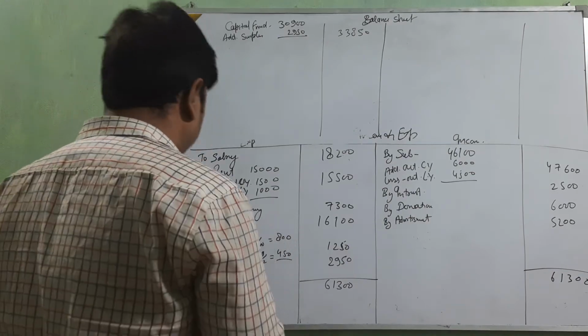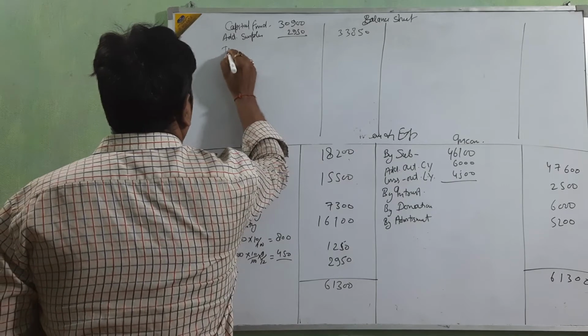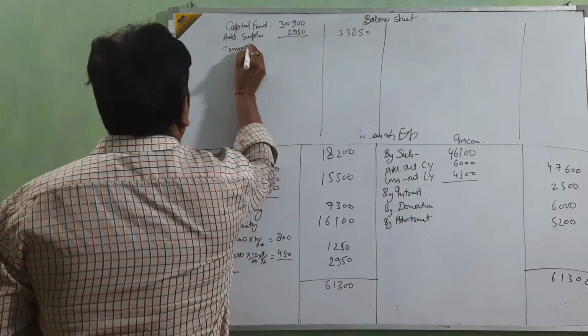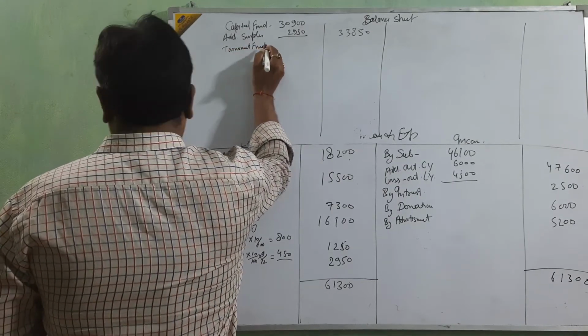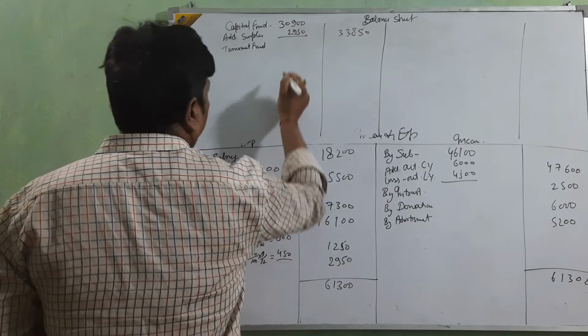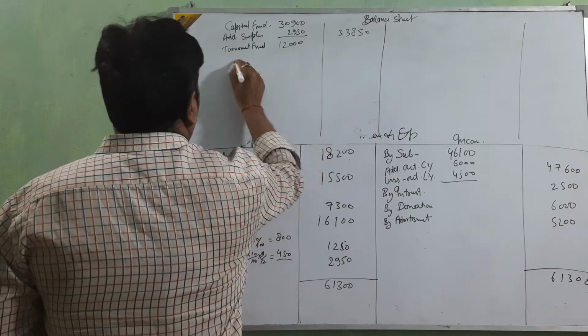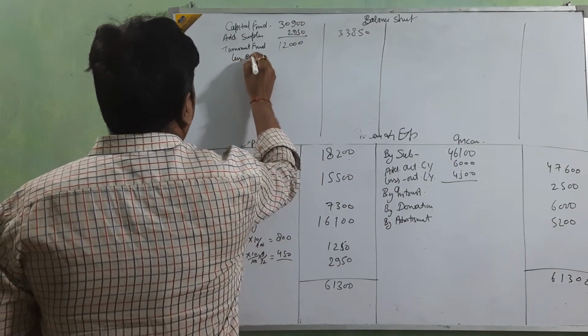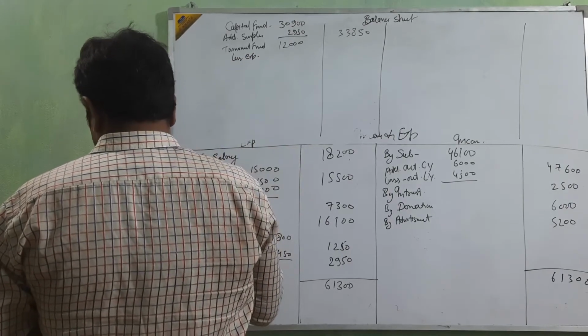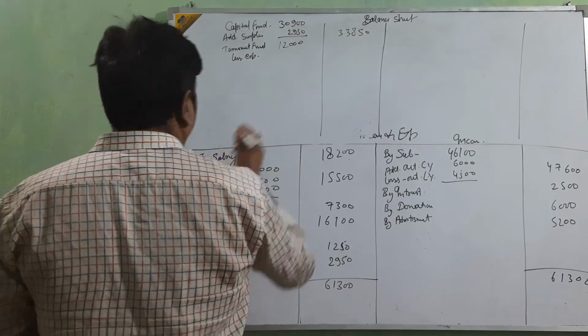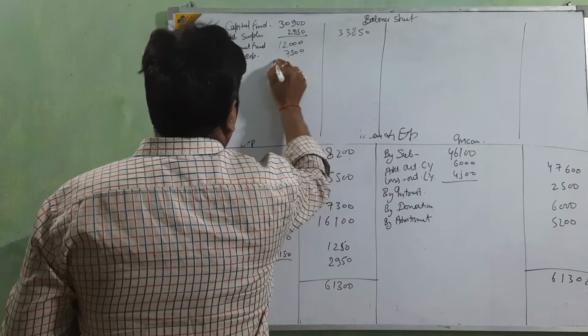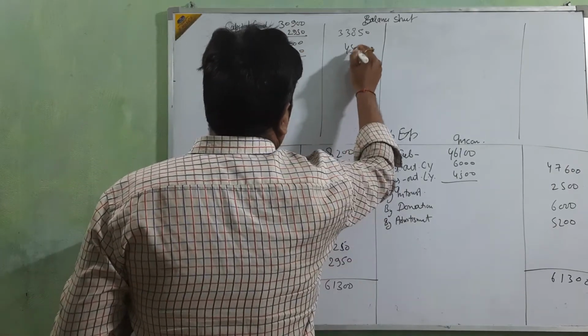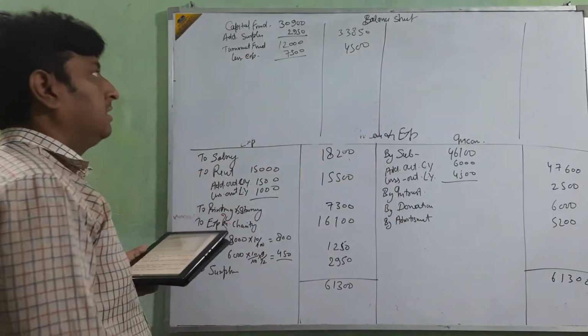Okay beta? Then see the liability side, or you say receipt side. Tournament fund is there, and the tournament fund amount is 12,000, less expense 7,500. Okay beta, then 4,500.